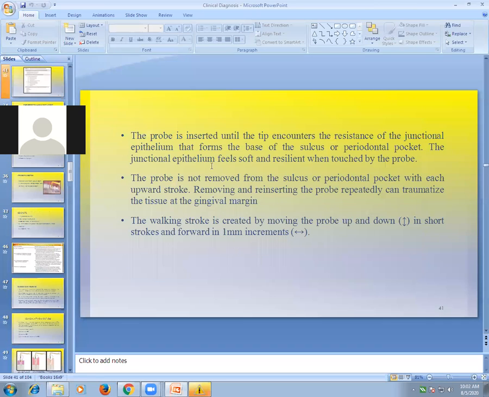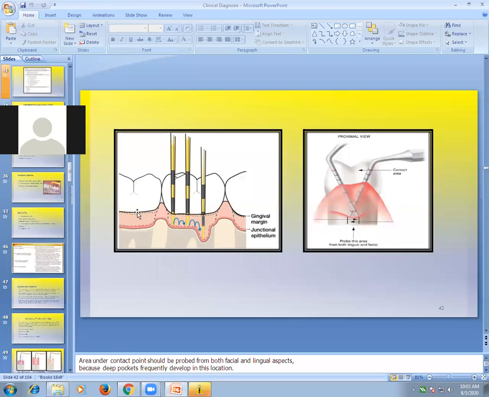Okay. The probe is inserted until the tip encounters the resistance of the junctional epithelium that forms the base of the surface of the periodontal pocket. The junctional epithelium feels soft and resilient when touched by the probe. The probe is not removed from the sulcus or periodontal pocket with each upward stroke. Removing or reinserting the probe repeatedly can traumatize the tissue. This is what we call walking of the probe.